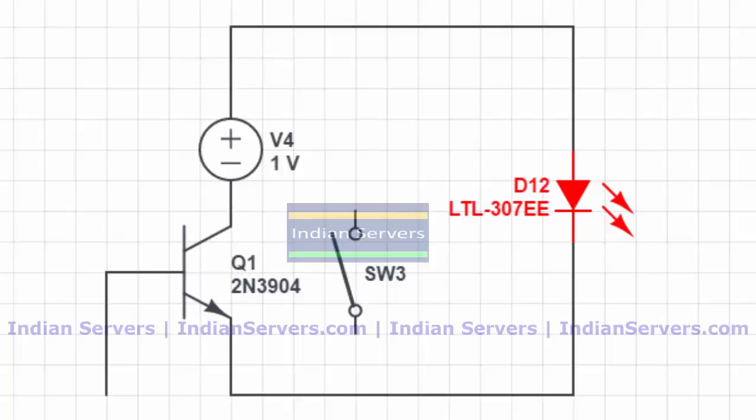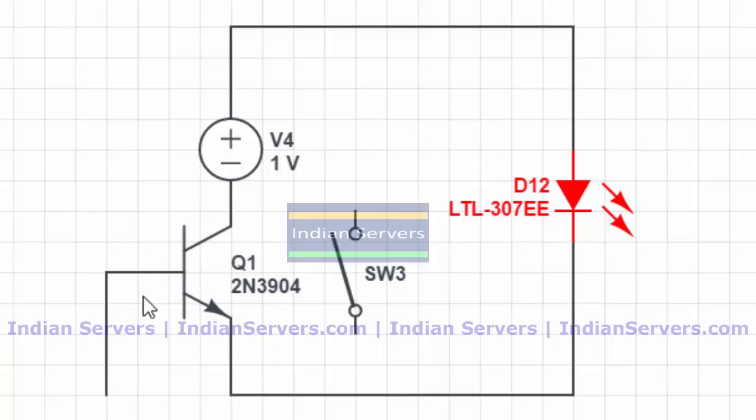Now we will see some of the applications of the transistor. From this circuit we know that a transistor can act as a switch, where the switch can be controlled by the base terminal, and one more application of the transistor is that it can act as an amplifier, where the input signal can be amplified.